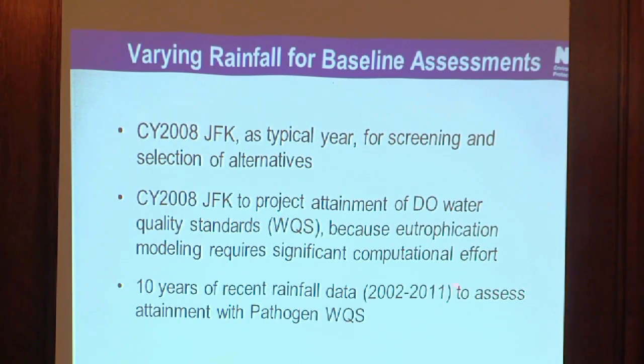We use that 1 year period to assess the attainment of DO standards, dissolved oxygen standards. On the pathogen side, we look at 10-year variability from 2002 to 2011, and we look at the compliance on an entire 10-year period.